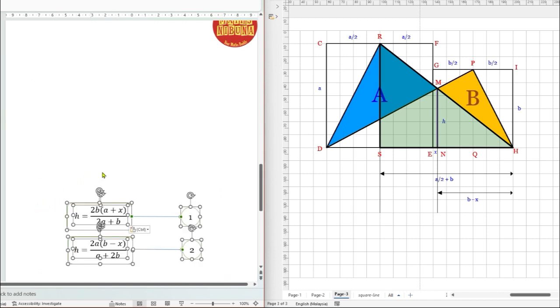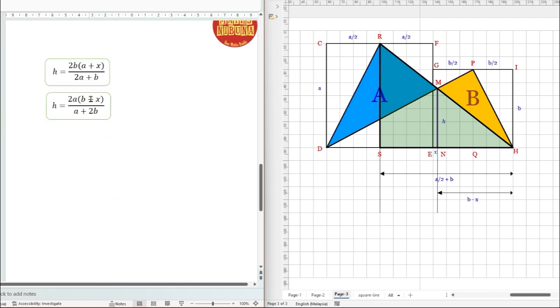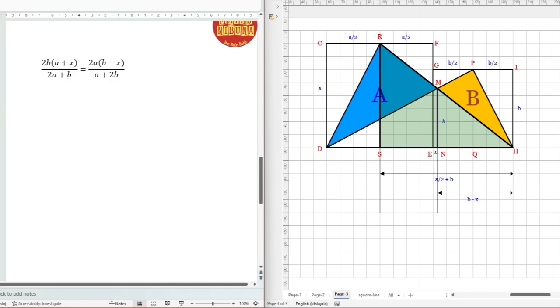Since both are h, we can say equation 1 equals equation 2, correct?